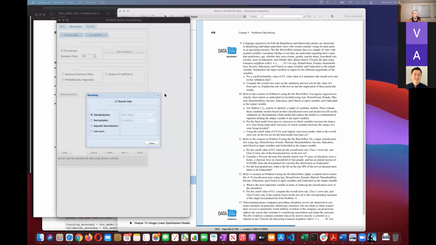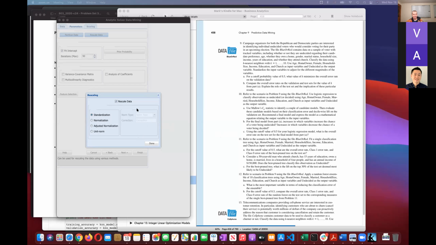And for the purposes of the exercise, for kNN, you just select standardization and you let the software do its thing. You don't really have to think much about it. If you wanted to, you could try to solve the problem without standardizing it and see the answer you get, and then solve the problem with standardization and see which one is more accurate. That's probably the best way to go about it.